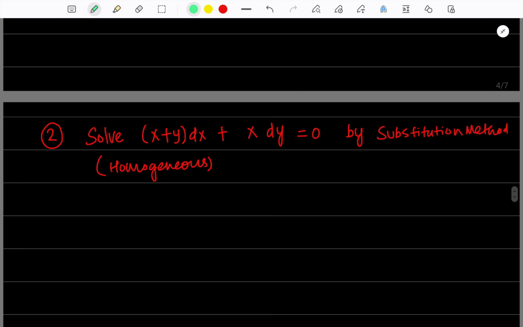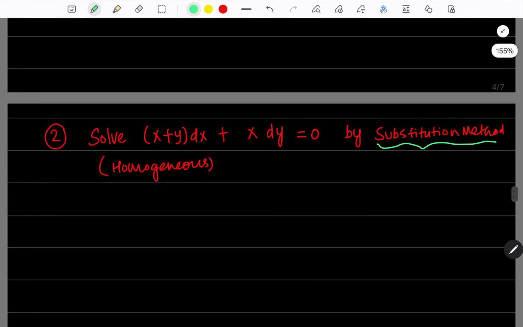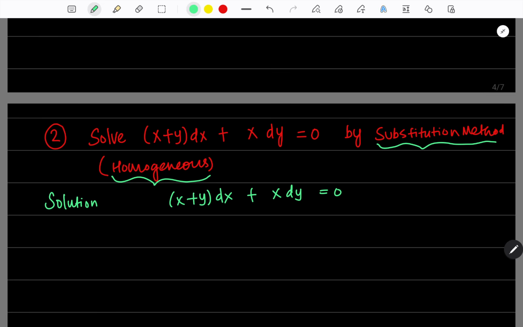The next question is: solve x plus y times dx plus x dy equal to 0 using the substitution method, assuming the differential equation is homogeneous. Let's start the solution. So x plus y into dx plus x dy is equal to 0. Keep this dy on this side because we are going to find dy by dx.